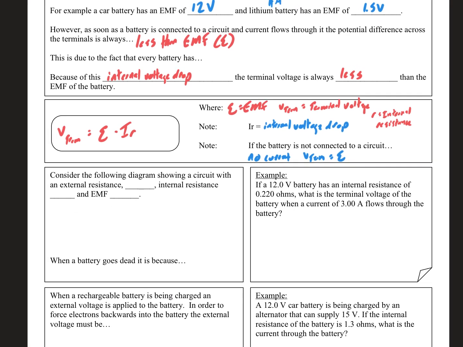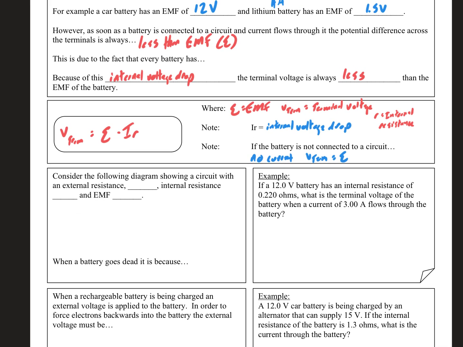All right, so let's take a look at a quick little diagram that shows how this works. Here's how a battery behaves in terms of the schematic. Here's that voltage source, and this is the resistor that's hooked up to it.